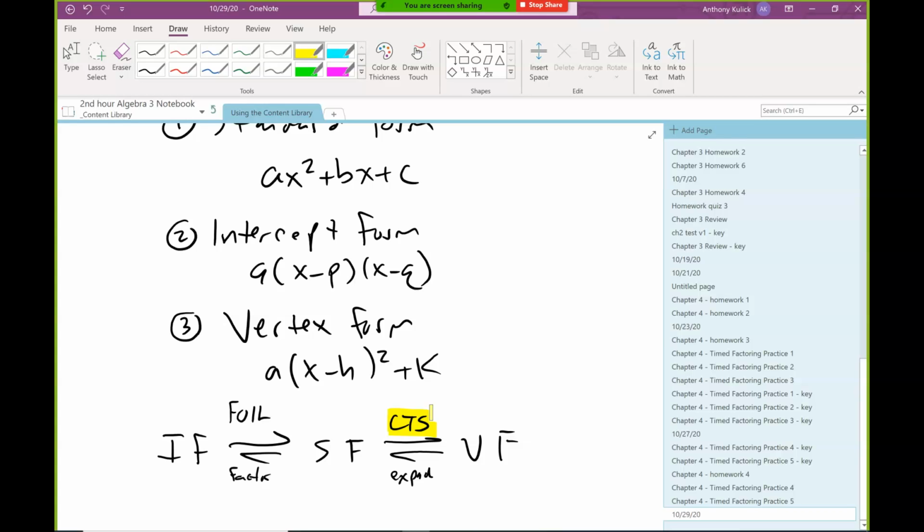You guys kind of remember this diagram from before, right? Okay. So completing the square is basically the same idea as expanding. It's just in the reverse. Everybody's okay with that? So let's look at an expanding problem, and we'll use that for our model to figure out what we need to do for completing the square.